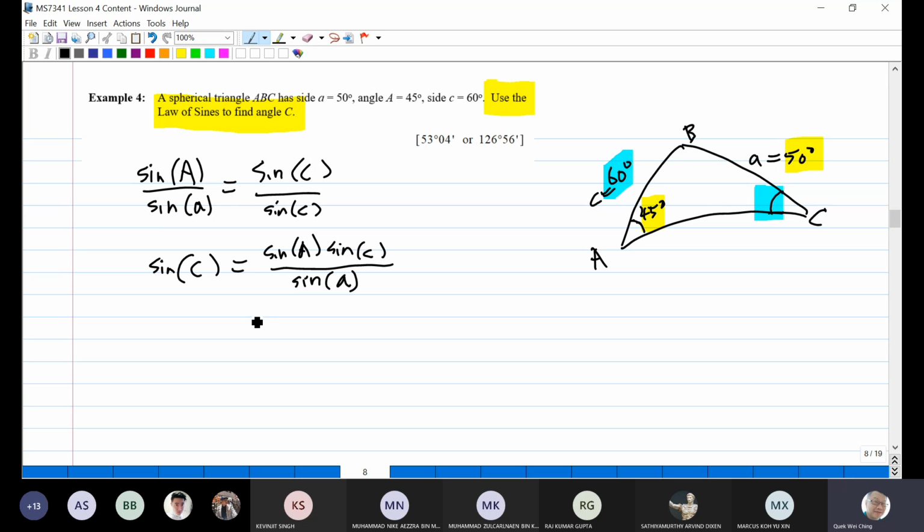So putting the answer, angle A is 45 degrees here. Side C is 60 degrees. Side A is 50 degrees here. So now let's find out the answer.